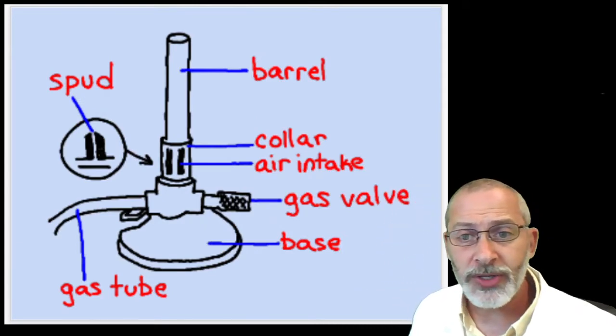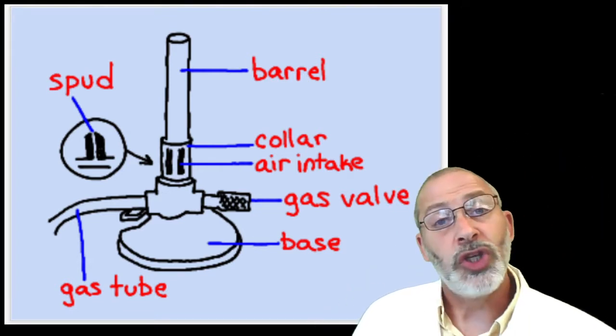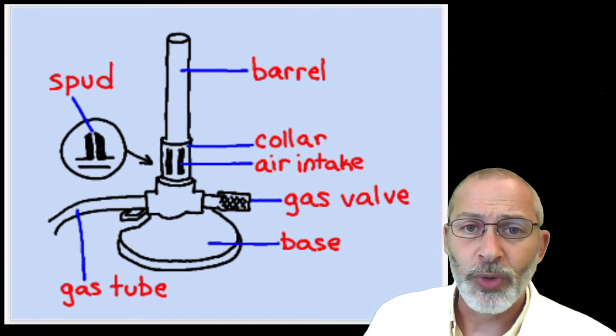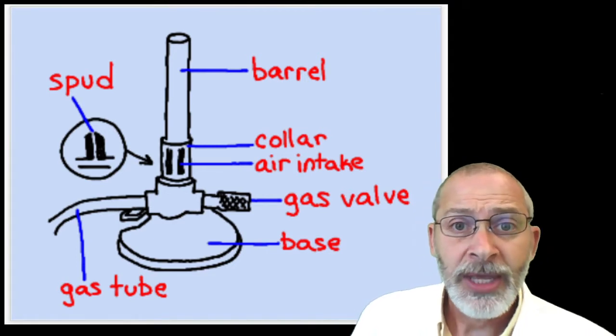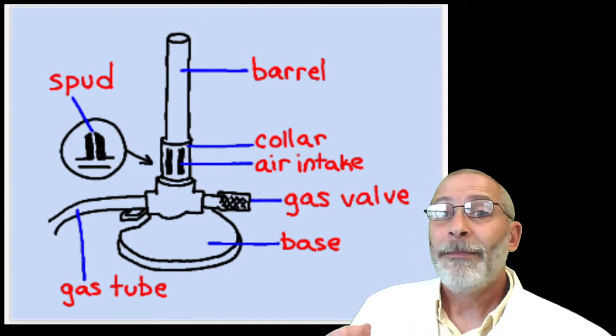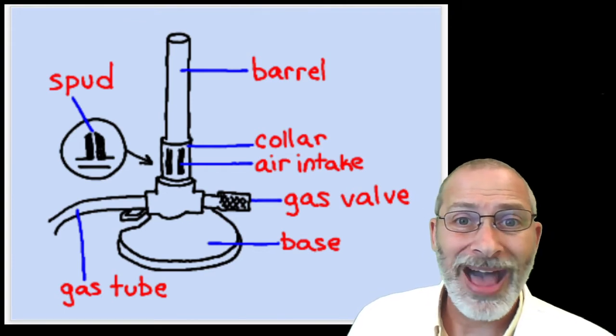As we become more used to using these important tools in the laboratory throughout our study of chemistry, it's going to be very important for us to know the names of the different parts of the Bunsen burner like the back of our hands.